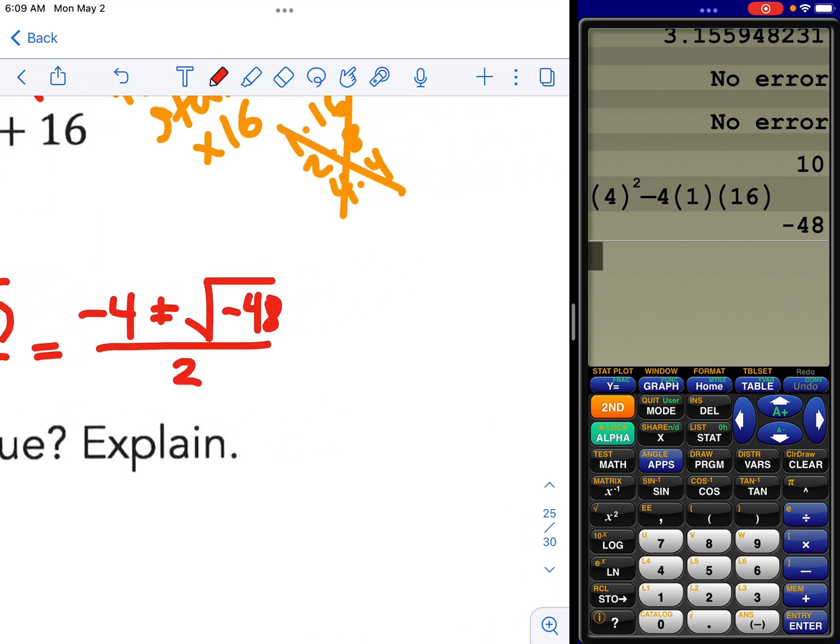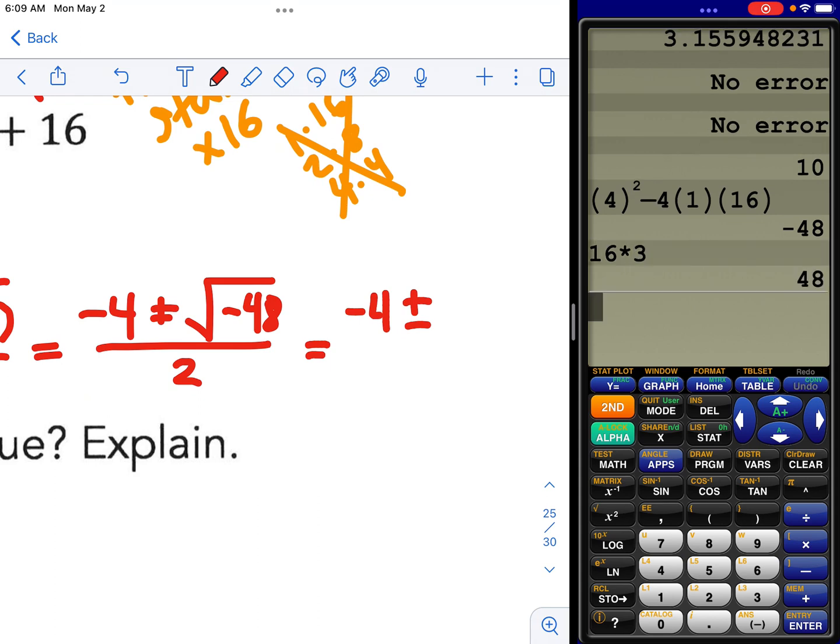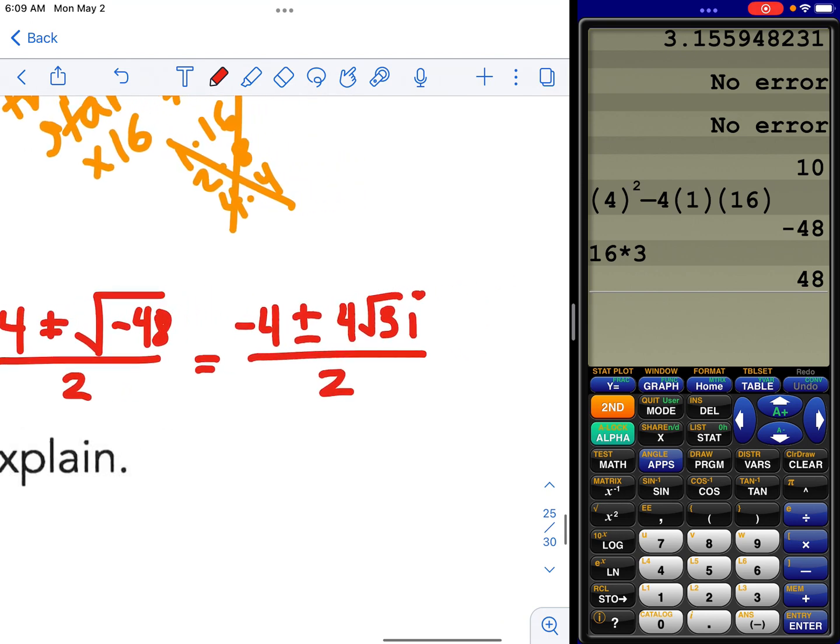So that looks like it's complex. And in this situation, I'm going to simplify the square root of 48. So 48 is 16 times 3. That's what 48 is. And 16 is a perfect square, so that's going to come out as a 4. So this is going to be 4 root 3i over 2.